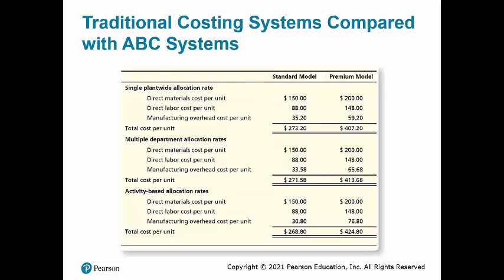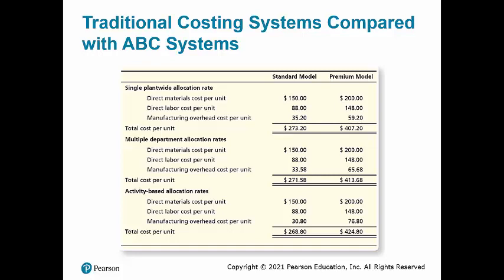This slide compares the total cost per unit using the single plant-wide allocation rate, the multiple department allocation rates, and the activity-based allocation rates. In the single plant-wide rate, we were only using direct labor costs. When we did the multiple department rate, we used 2 different departments, assembly and software.